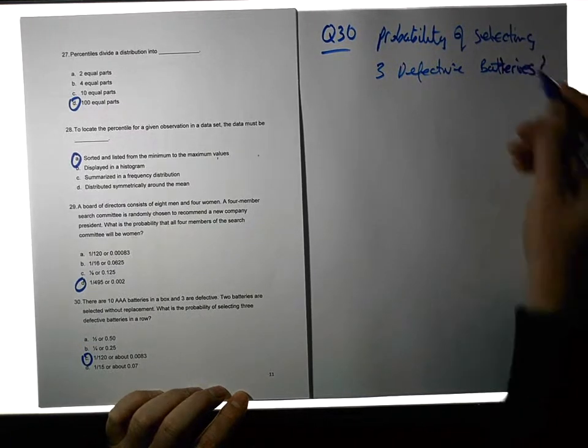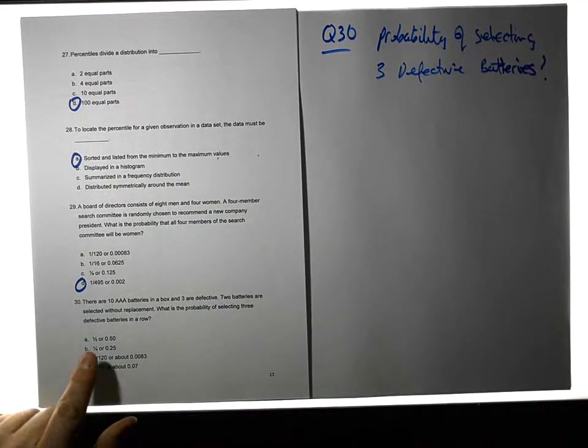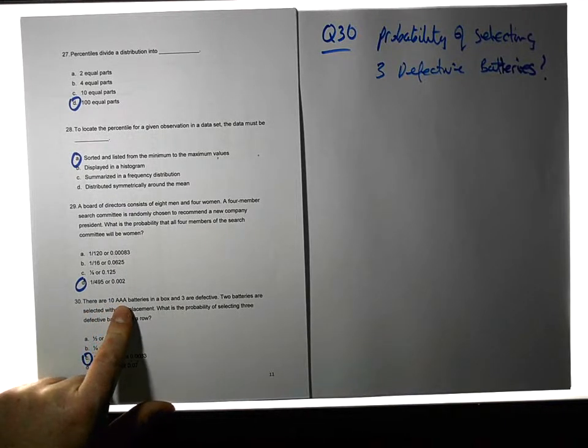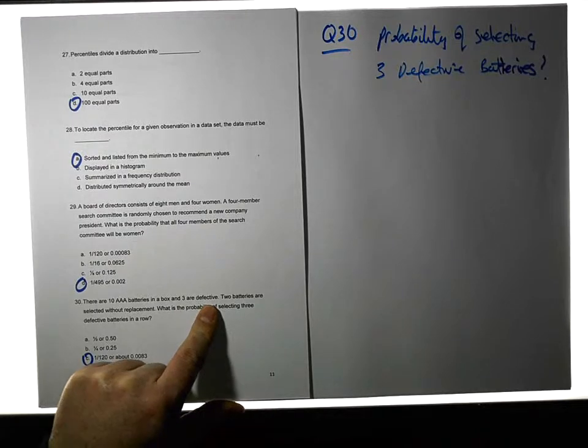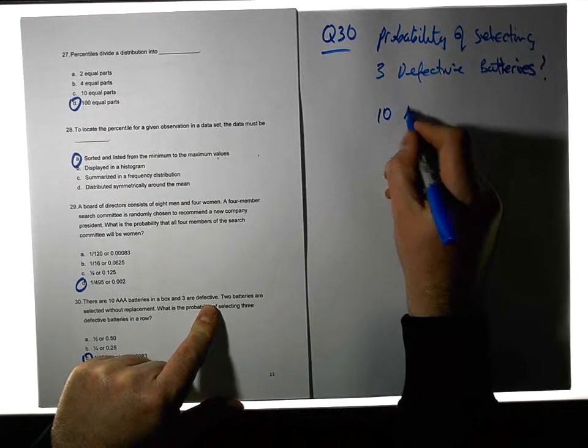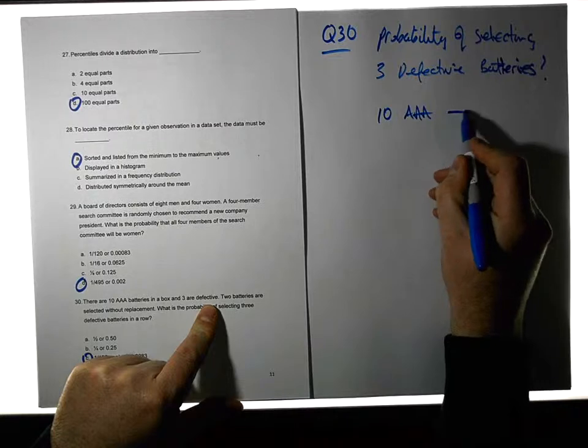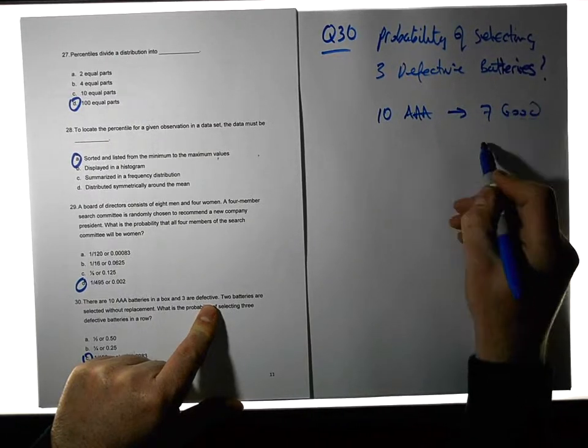That's what we want to calculate. So let's have a look at the scenario. It says there are 10 AAA batteries in a box and 3 are defective. So we have 10 AAA batteries, 7 are good and 3 are defective.